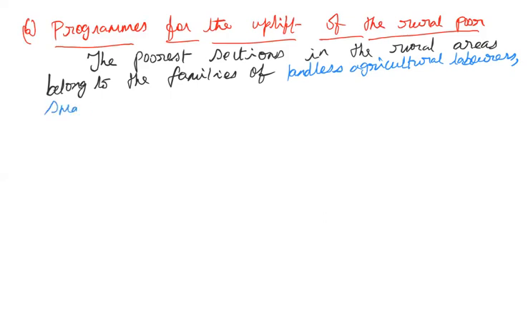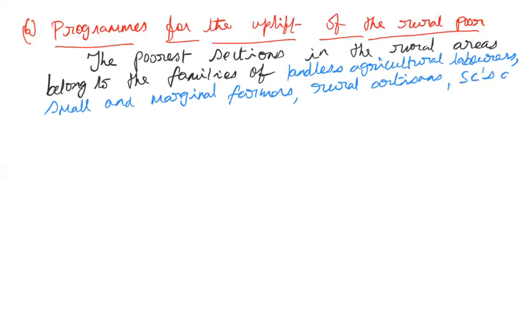After agricultural laborers, the next categories of poor are the small and marginal farmers, the rural artisans, the scheduled castes, and the scheduled tribes. Okay.